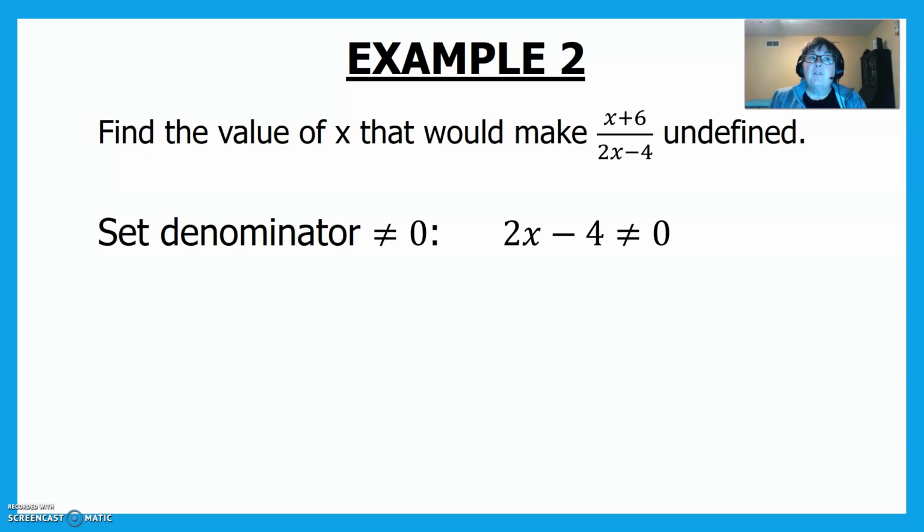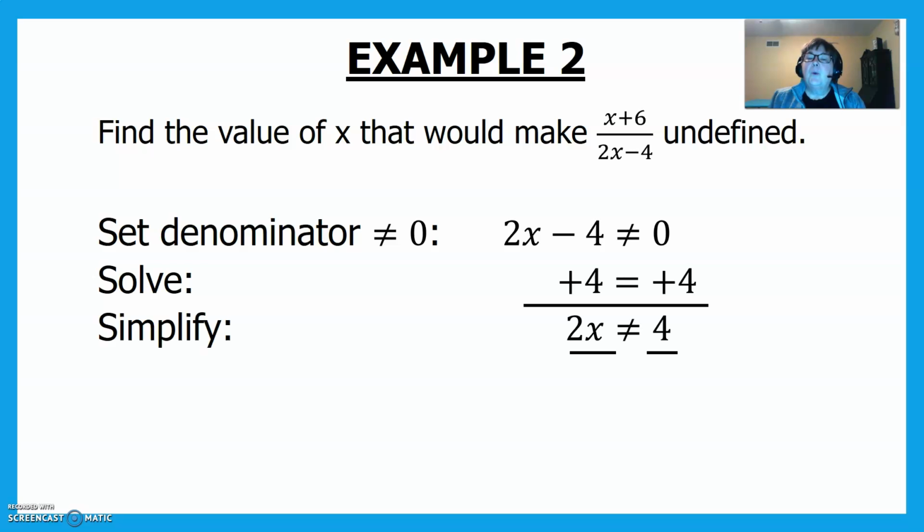So the first thing I have to do is add 4 to both sides. And I simplify, and I get 2x not equal to 4. And then I need to get rid of that 2, so I divide by 2. And I simplify again, and I get x not equal to 2. So 4 divided by 2 is 2. So I have x not equal to 2.